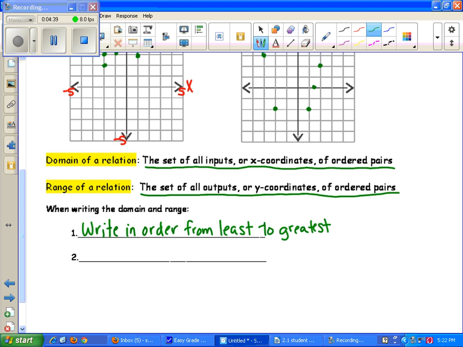And then you also do not repeat numbers. That means you only write them once. We don't write them multiple times if we have multiple of the same values.